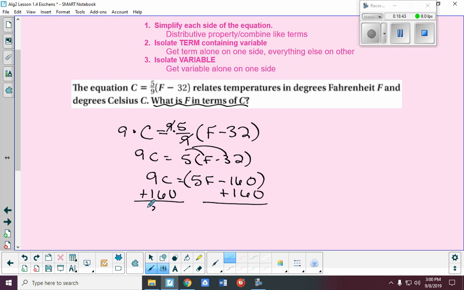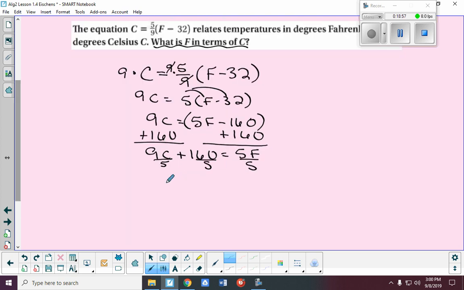So you have 9C plus 160 equals 5F, and we want to get the variable by itself. So we're going to divide both sides by 5, and to simplify it further, we'll divide every term then by 5. So you have 9/5 C plus 32 equals F.